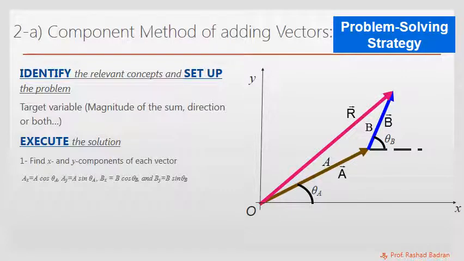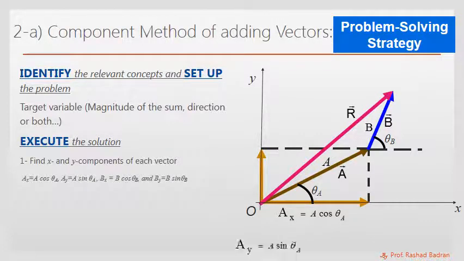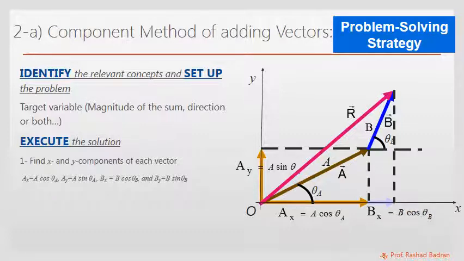Here, the vector A can be broken into its x component, Ax equals A cosine theta A, and its y component, Ay equals A sine theta A, and similarly, vector B is broken into its x component, B cosine theta B, and its y component, B sine theta B.